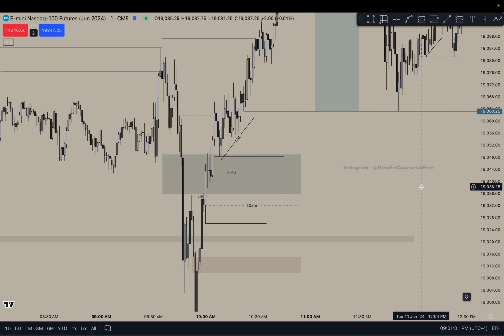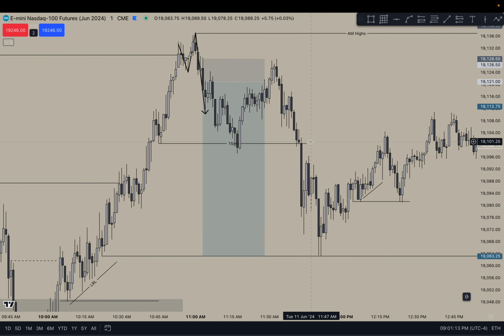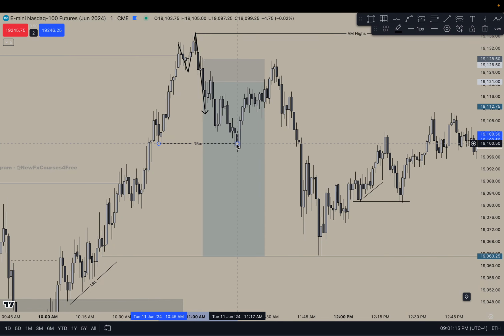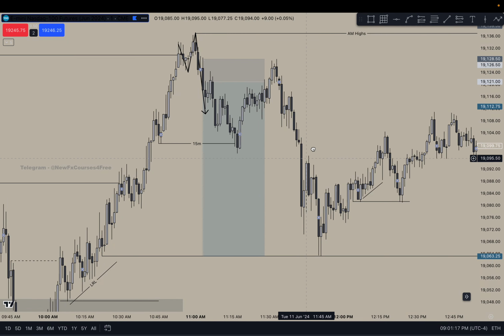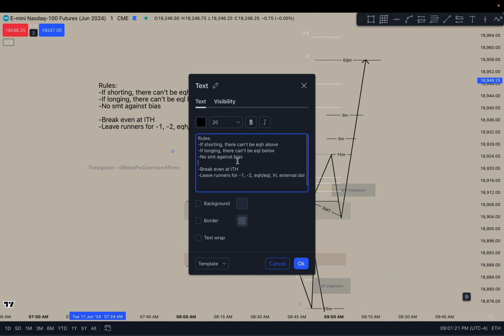Now I'm thinking about it, because SMT for value gaps, I barely see that happen, and when it does, it's usually NQ that's leading, so ES won't. I don't want to take this off, but I think I am.